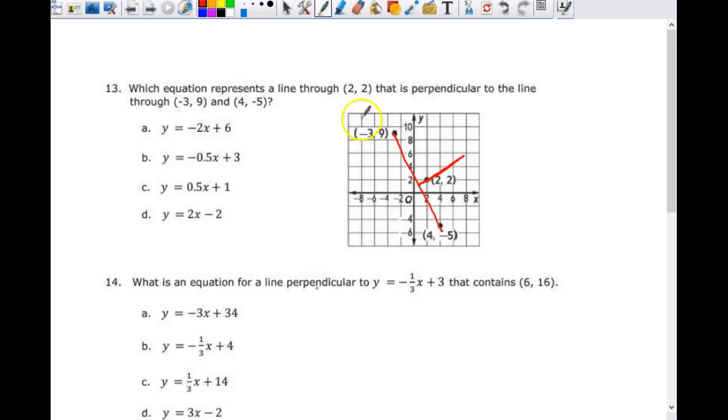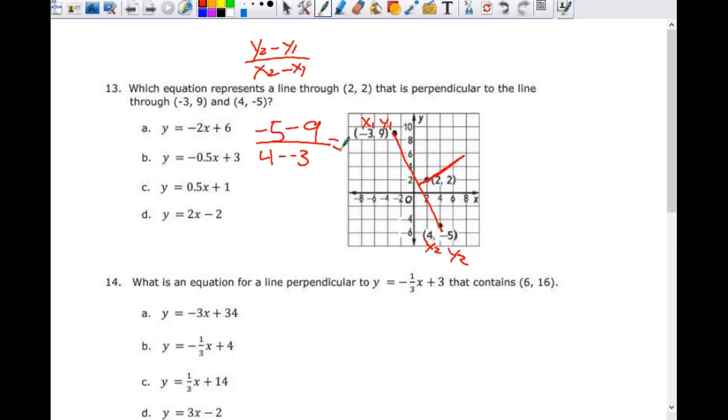We know this is going to be x1, y1, x2, y2. We know the formula for slope is y2 minus y1 divided by x2 minus x1. Plug these into our formula. Y2 is negative 5 minus y1, which is 9, divided by x2, which is 4, minus negative 3.